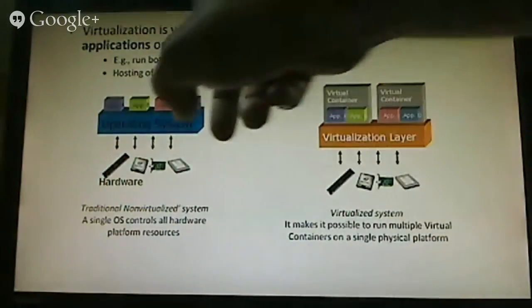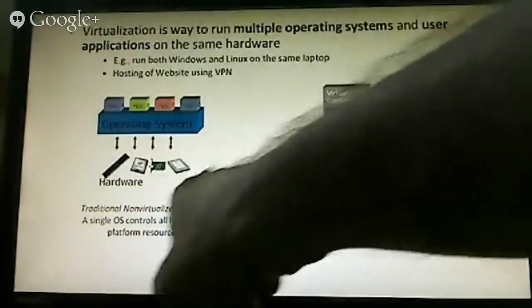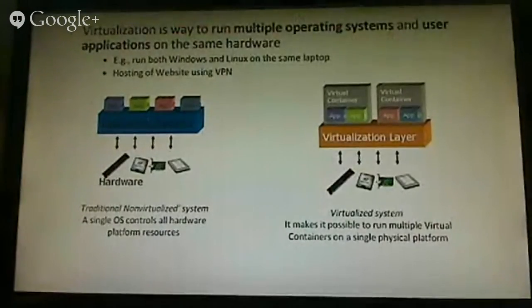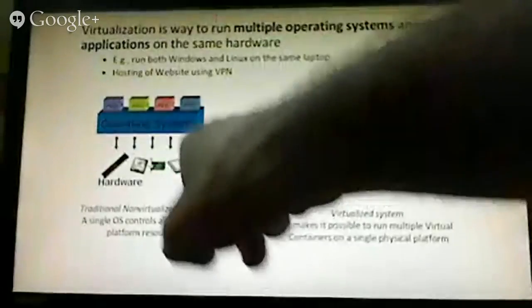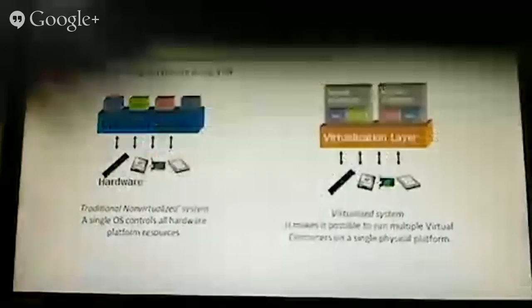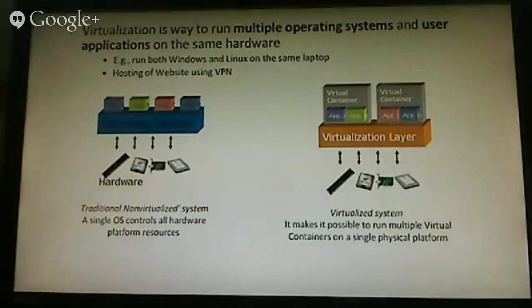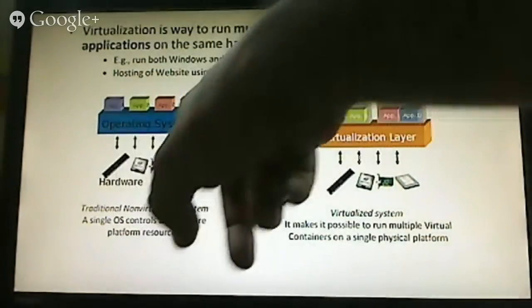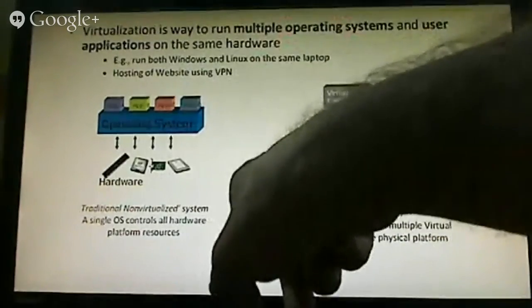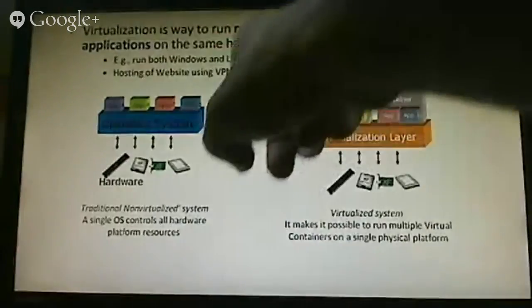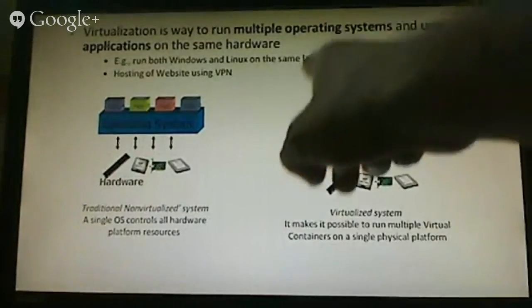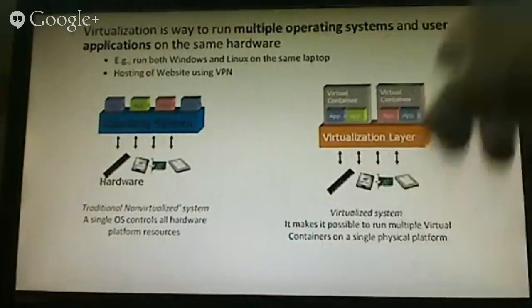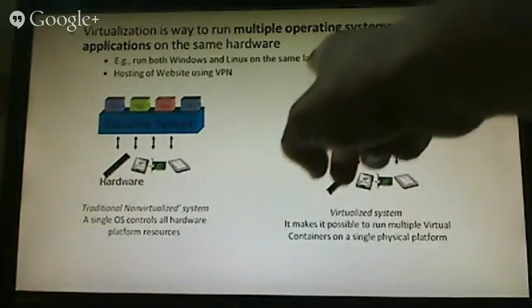This is a traditional non-virtualized system in which a single operating system is installed on the physical hardware and multiple applications are running on it. In the virtualized system, along with this single operating system, virtualization software is installed on this host operating system, and multiple virtual machines are developed using this virtualization software.